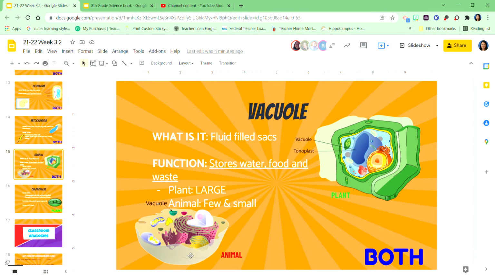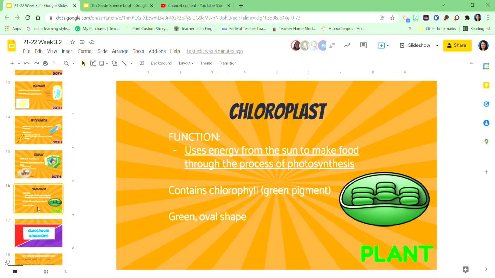So plant cells have one, animal cells have more than one. And then chloroplasts are only found in plant cells. They use energy from the sun to make food through the process of photosynthesis. Chloroplasts usually contain chlorophyll, which is the green pigment that makes most plants look green, and they are oval shaped.